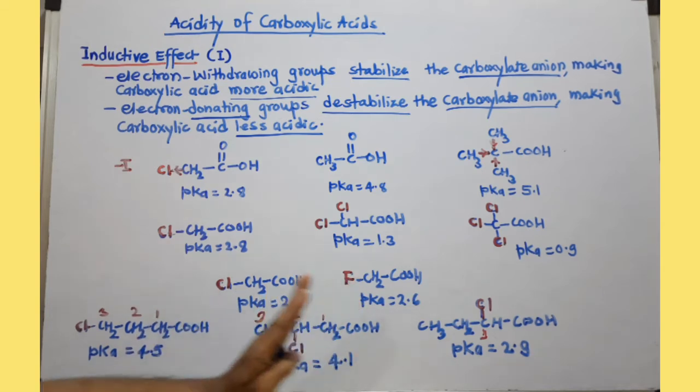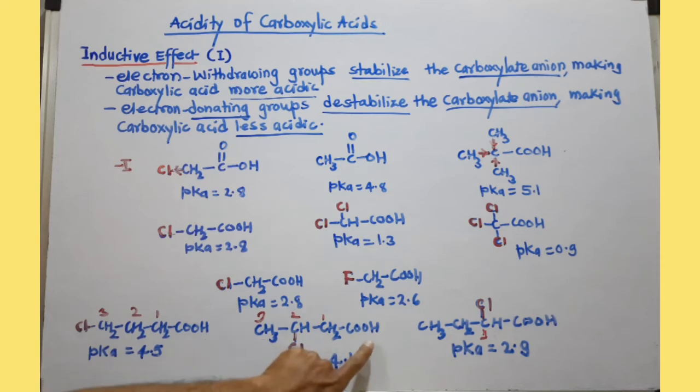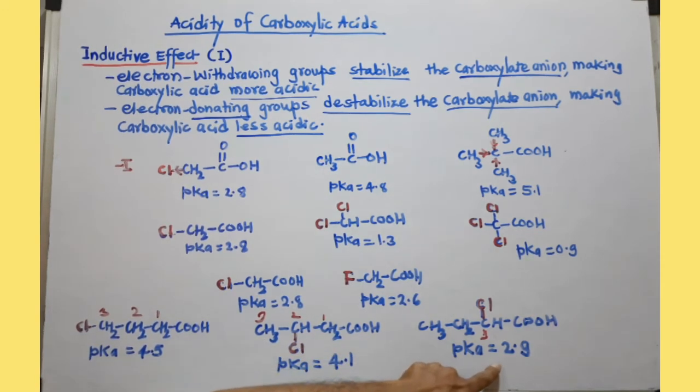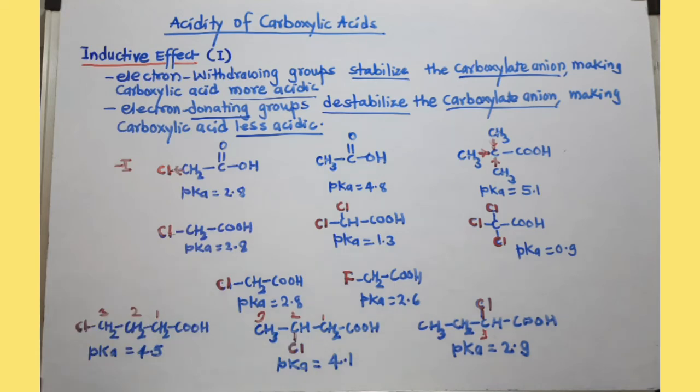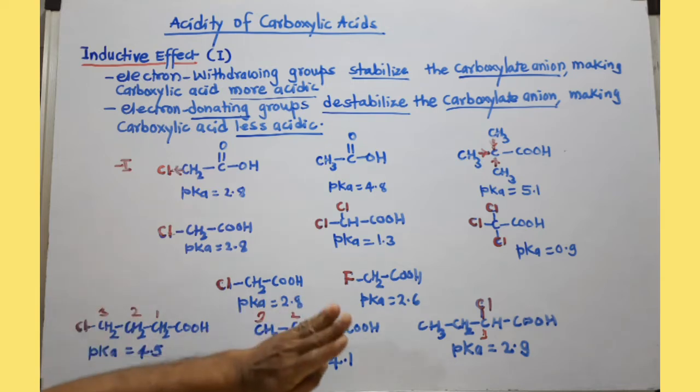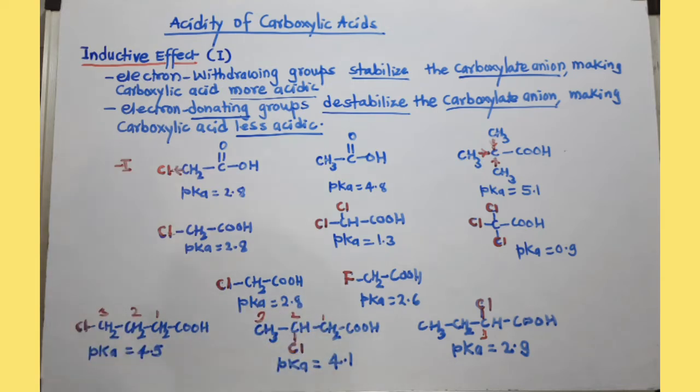When it comes close to the COOH group, the value is decreasing. That means we can draw the conclusion: when the electron withdrawing group goes away from the COOH group, the acidity of the carboxylic acid decreases, and when it comes close to the COOH group, acidity increases. So this is all about inductive effect and acidity of carboxylic acid.